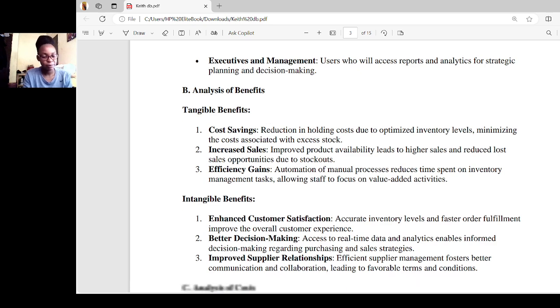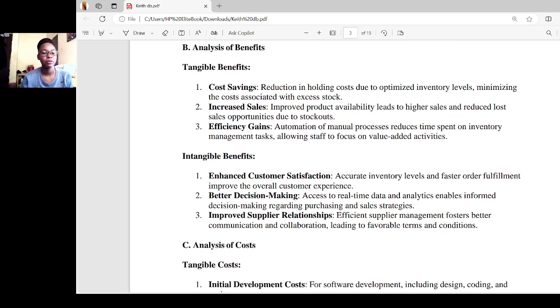Then the intangible benefits of my project, it can help enhance customer satisfaction, since we shall be able to keep track of the orders, so we shall be able to give customers their goods in valid time.